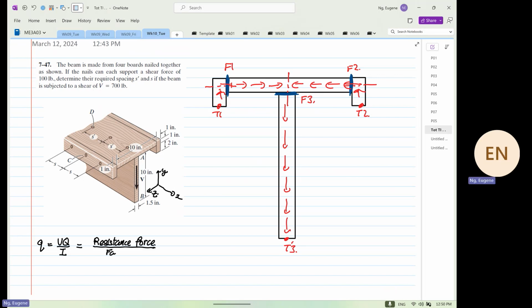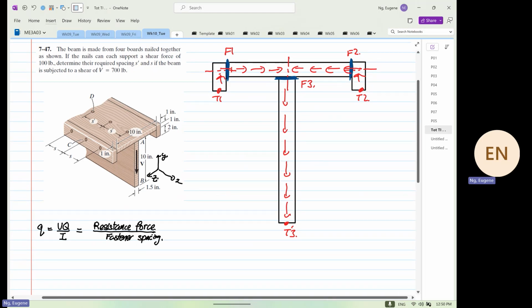This is the formula. Resistance force divided by fastener spacing. This is the only formula.